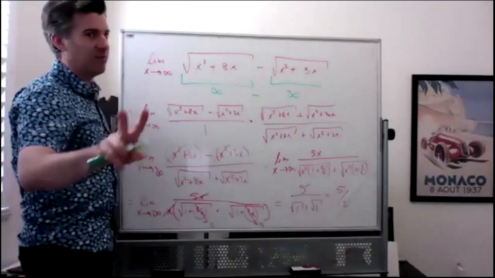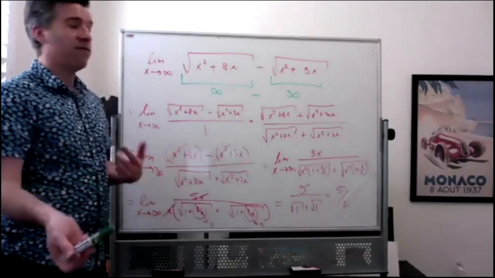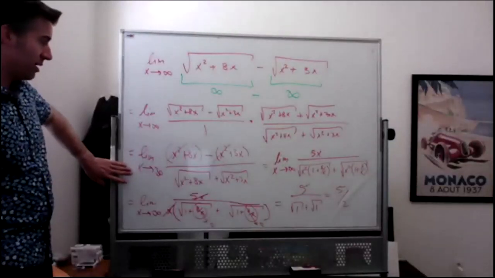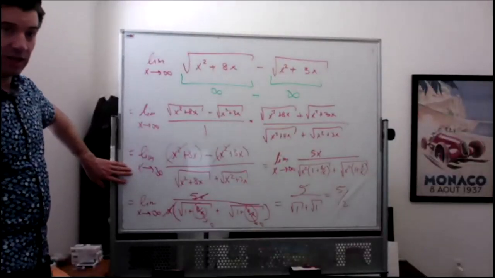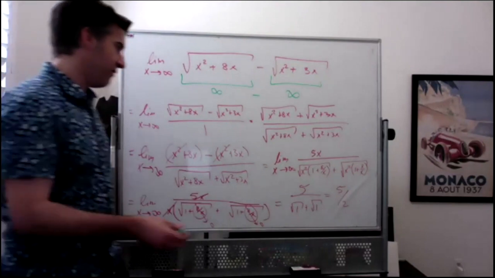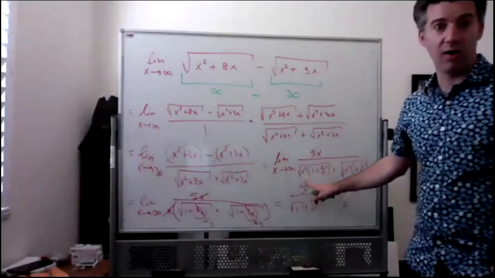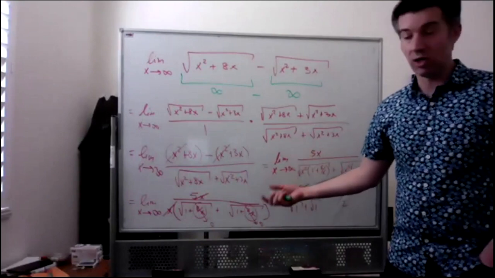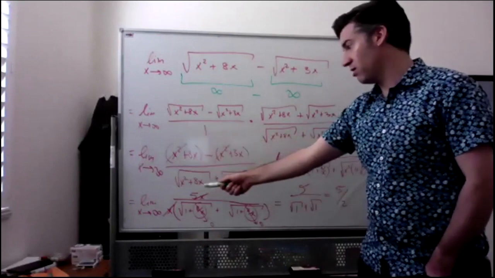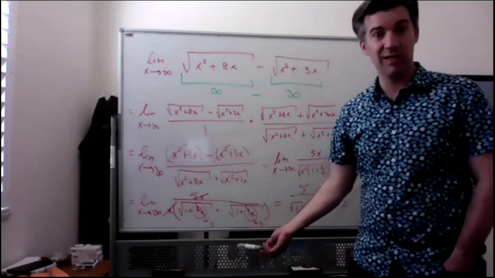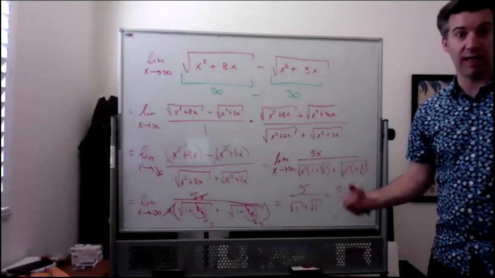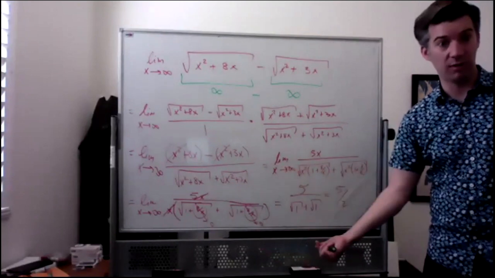If we were starting here and x was going to negative infinity, we would have that the square root of x squared would be the absolute value of x, which would be negative x. So if we were doing this limit from here with x approaching negative infinity, our answer would actually end up being negative 5/2 because we'd have an extra factor of a negative in the denominator.